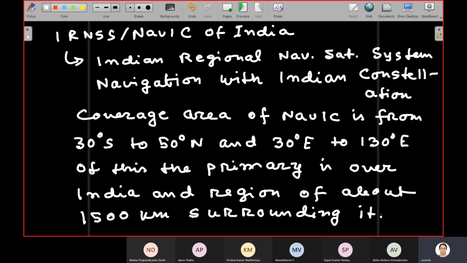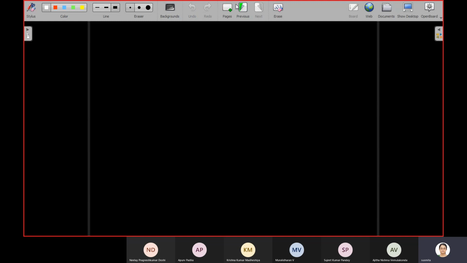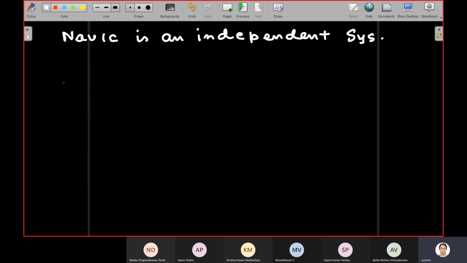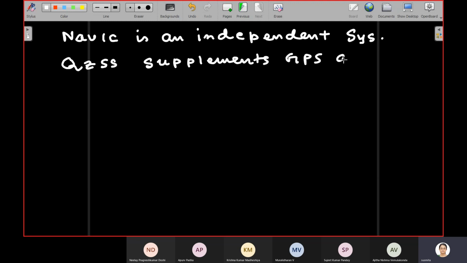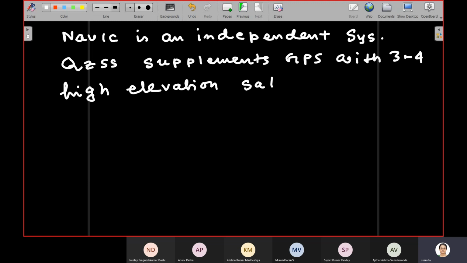Both are regional systems, but NAVIC or IRNSS is an independent system, whereas QZSS supplements GPS with 3 to 4 high elevation satellites.